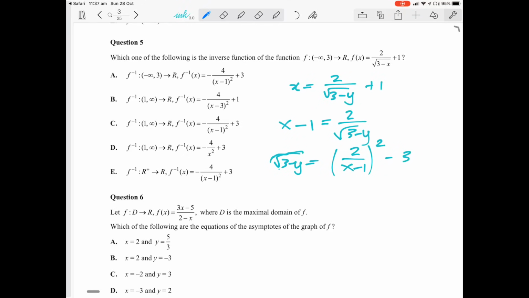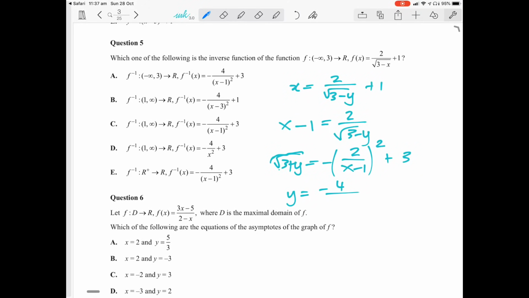Subtract 3. Divide by negative 1. Negative positive. So it's going to be y is negative 4 on x minus 1 squared plus 3. Okay, so it's not that.